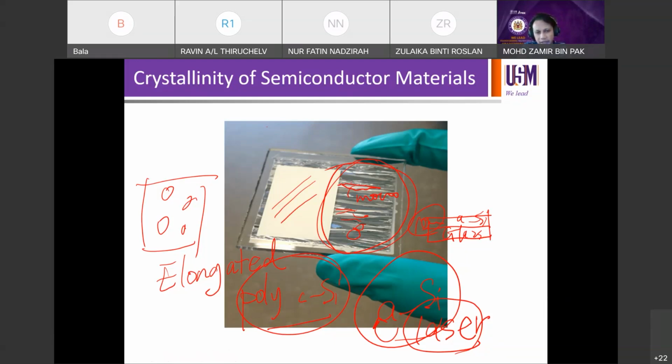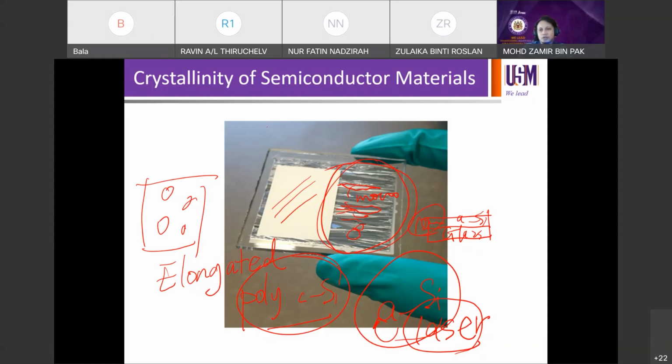If you pick one single grain, it is actually mono. It could be 100, it could be 111, and you pick another grain, it could be 101, for example. You don't know, you have to do the characterization to know the grains. But completely, as a sample, it is polycrystalline silicon, originally deposited as amorphous silicon, laser crystallized to form polycrystalline, and in each grain, it is monocrystalline in nature.